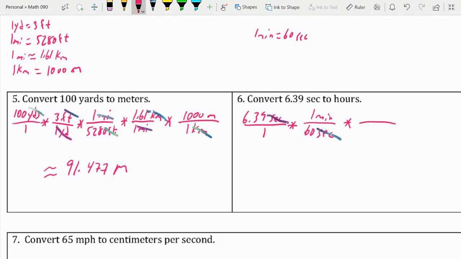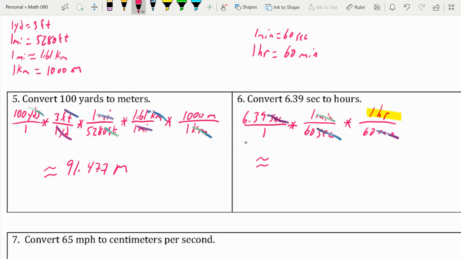So we know that 1 hour is equal to 60 minutes. So 60 minutes is going to go at the bottom, 1 hour at the top, and minutes and minutes cancel. I'm left with hours. Okay? You multiply, you do all that good, happy stuff.